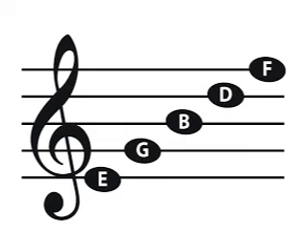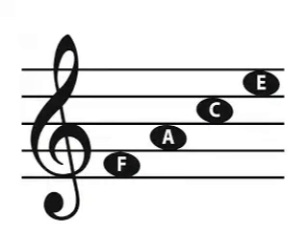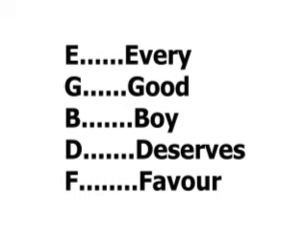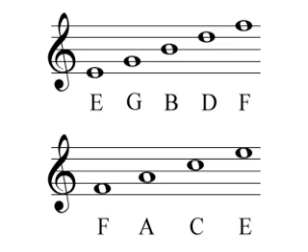The spaces between them also have names: F, A, C, E. To remember that, some people say, okay, we can use "Every Good Boy Deserves Favor" to remember the names of the lines of a treble staff: E, G, B, D, F. Those are their names, while the spaces are F, A, C, E. You will need to remember this while making use of the staff. Always remember E, G, B, D, F, and F, A, C, E for the spaces, counting from under.